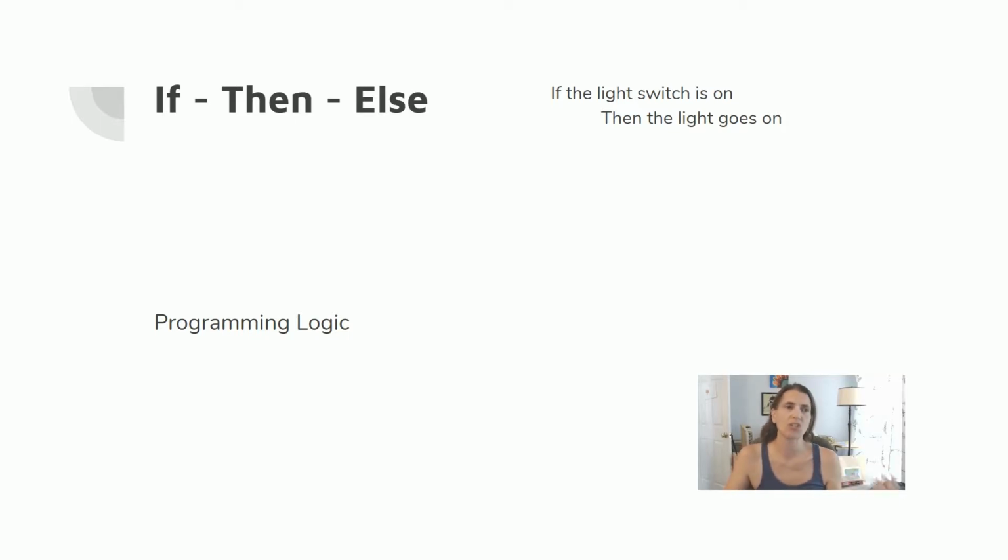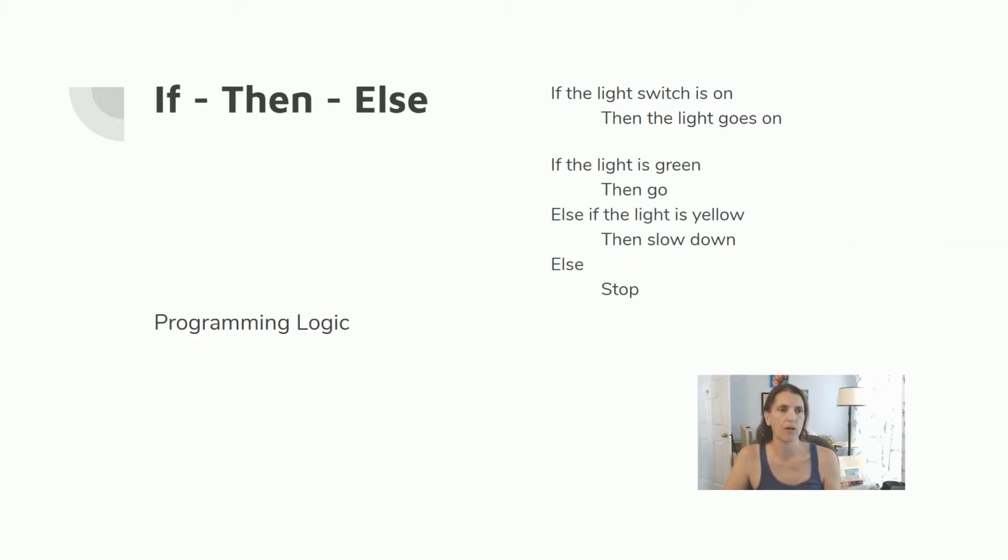Anyway, so here's an example. If the light switch is on, then the light goes on. Another example, say, a traffic light. If the light is green, then go. Else, or otherwise, if the light is yellow, then slow down. Else, or otherwise, stop. You notice I didn't say else if the light is red, stop.